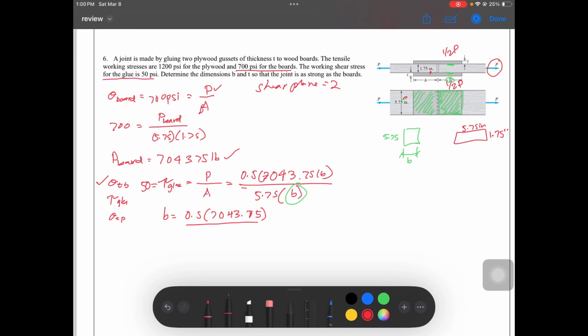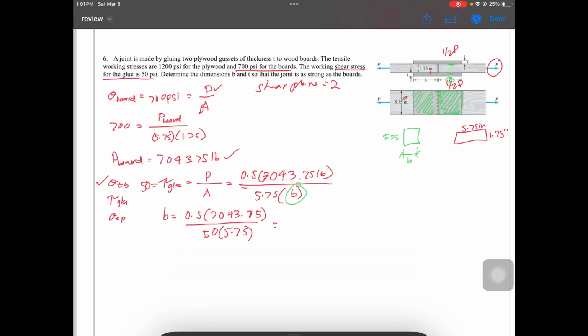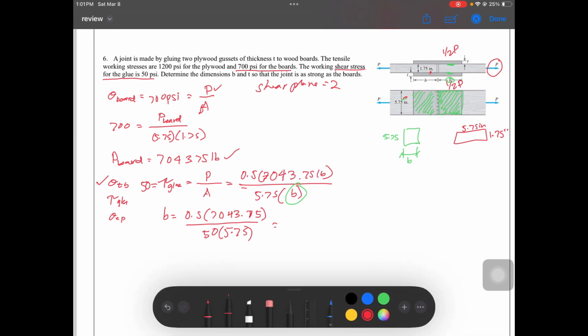Ito, shearing ng glue is 50. So, 50 times 5.75. Okay na. So, perform the operation. So, 0.5 times 7043.75 all over 50 times 5.75. It is 12.25.